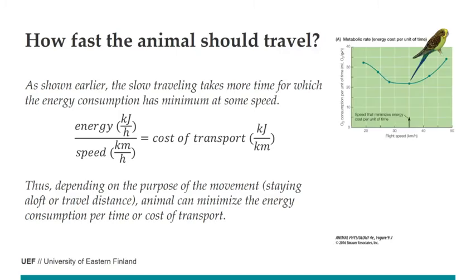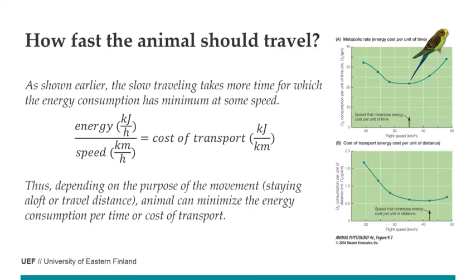So when the animal is flying a long time and trying to see where there is any prey, they have a different speed than when they are traveling as far as possible. So they have a different place for the minimum. And actually the animals know this quite well.